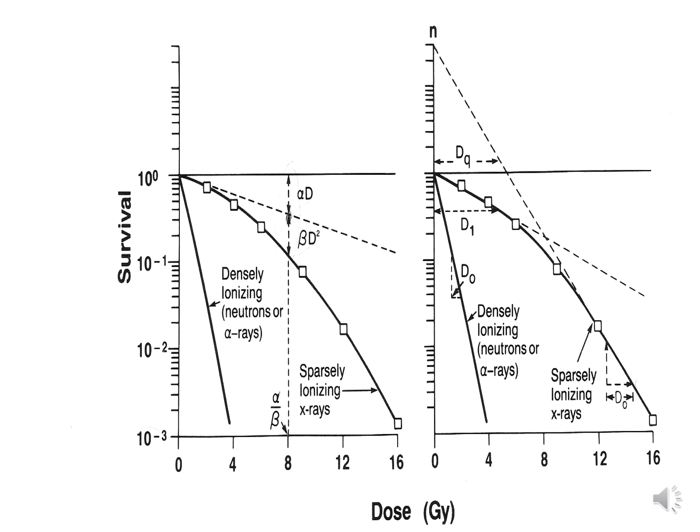This is one that you can see now. Please don't look at the densely ionizing one, look at this one in the middle. You see an initial straight part followed by a bending part of the curve, and that's why we have to think about it. Why is it like that?